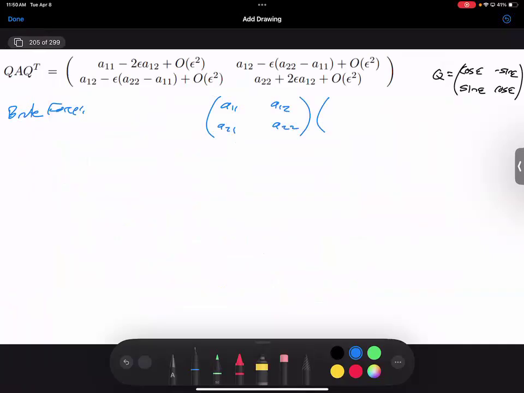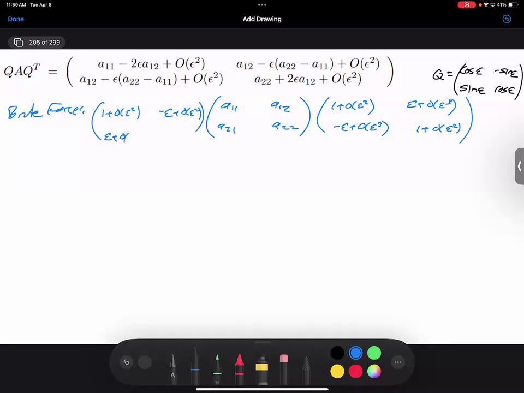So it's going to be 1 plus big O of epsilon squared, minus epsilon plus big O of epsilon cubed, epsilon plus big O of epsilon cubed, and then 1 plus big O of epsilon squared. And then on the other side, it's going to be 1 plus big O of epsilon squared, and then the minus is going to be up top, minus epsilon plus big O of epsilon cubed, epsilon plus big O of epsilon cubed.